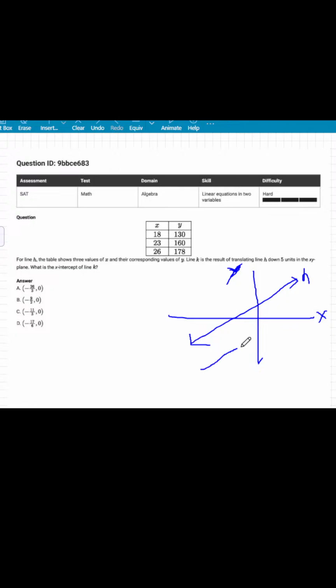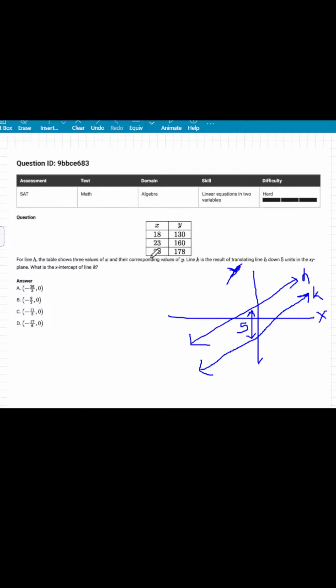Line K is parallel to H and it is just 5 units below. So the distance between them is 5 units vertically in the xy plane. Okay. So we are told to find the x-intercept for this line K.